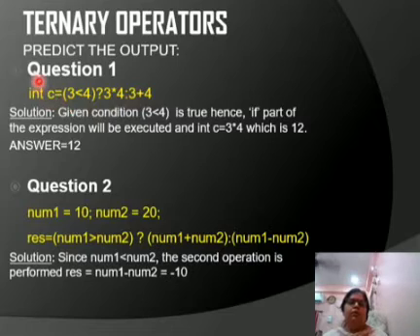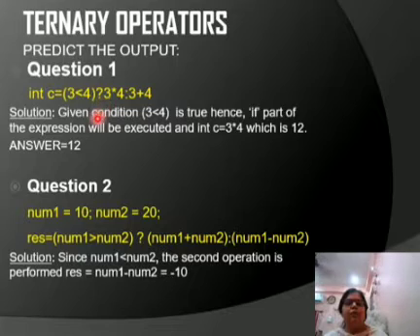Now in question number 1 we have int c is equal to, if 3 is less than 4, then it works upon the if part, and then 3 into 4 or 3 plus 5. Always the right answer is adjoining your ternary operator. This question mark is your ternary operator.